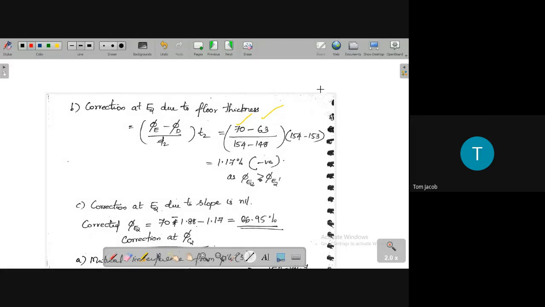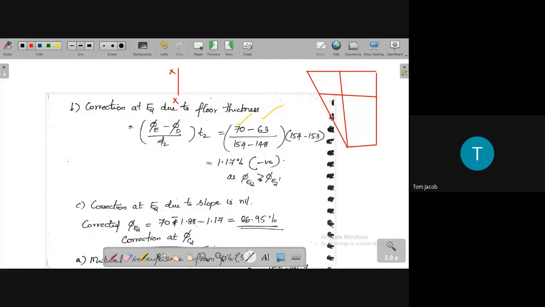This is phi D, so this is the point of D2 and this is the point of D2. Here we can see phi E is greater than phi D. So draw a straight line between them to join them, and this is the thickness. And I draw a line here also.